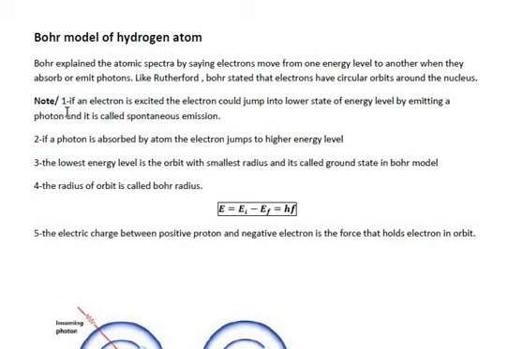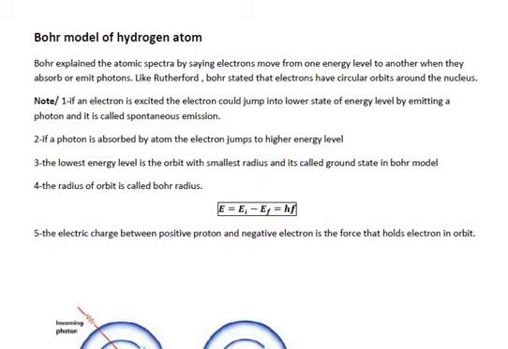Now here we have some notes. Note 1 says if an electron is excited, it means it absorbed a photon. The electron could jump into a lower state of energy by emitting a photon, and it's called a spontaneous emission. Spontaneous emission means normal emission.